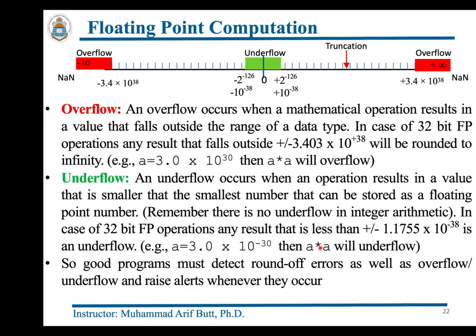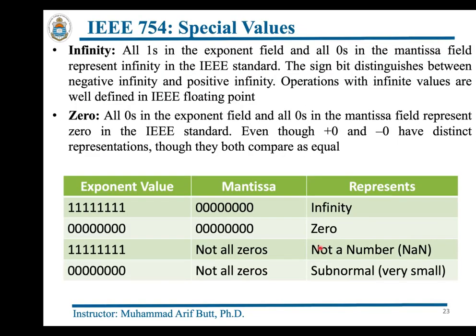So good programs must detect rounding or truncation errors as well as overflow and underflow. And better programs should also raise alerts whenever they occur. Before I close, let me touch upon some special floating point values having special meanings in the IEEE 754 standard.